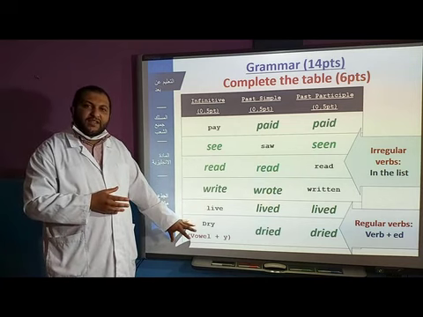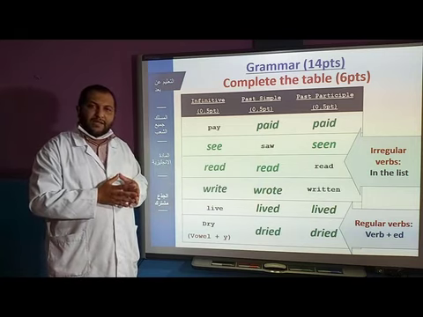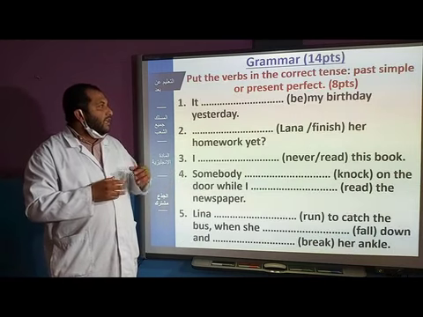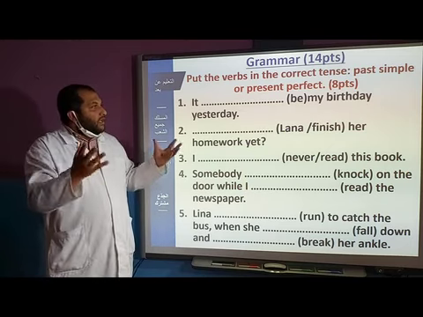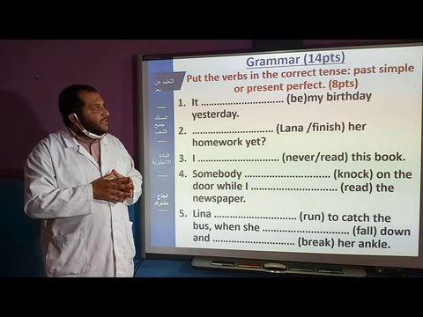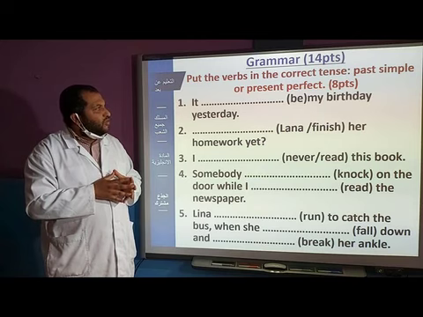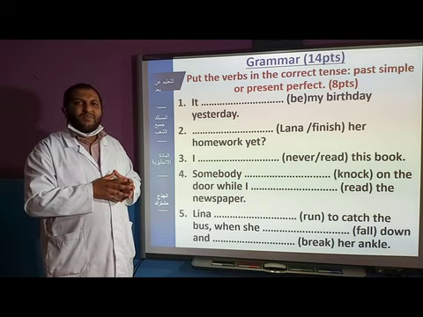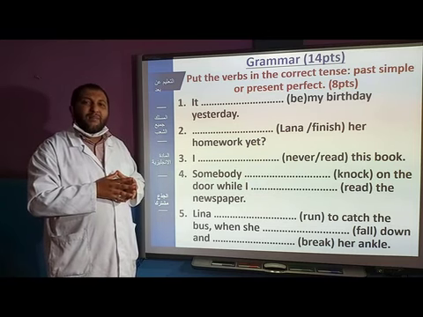I hope everything is clear so far regarding regular and irregular past simple and past participle. Let's move on to the last exercise, which is about different tenses. As I said before, put the verb between brackets in the past simple, past continuous, or present perfect.